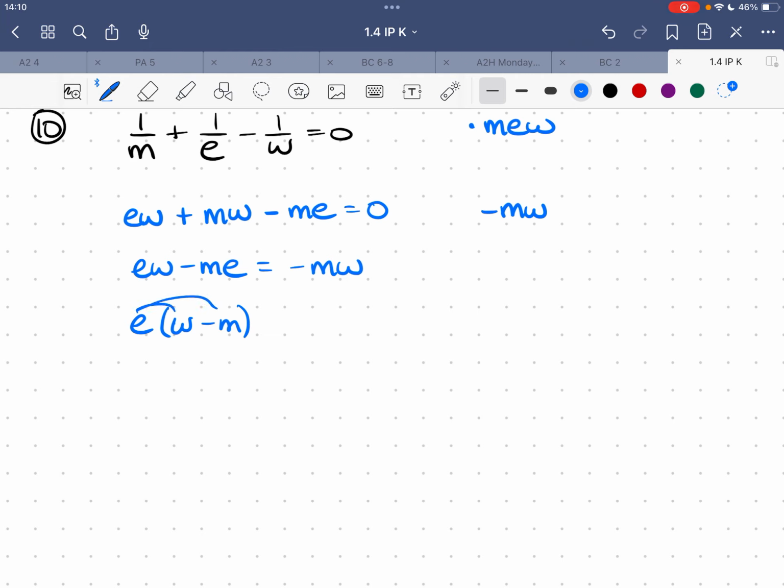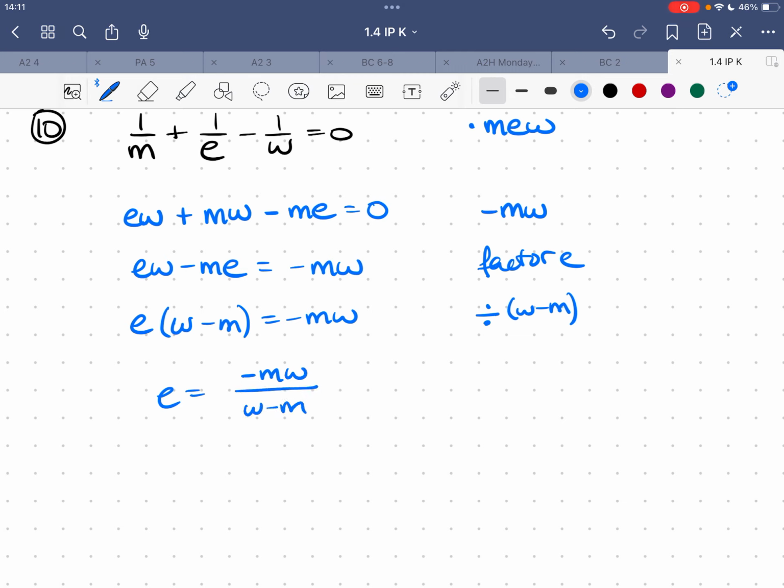Because again, if you don't believe me, distribute and you'll be getting that. And then lastly, I'm going to divide by the parentheses to get e by itself. So e is going to be equal to negative mw divided by w minus m.